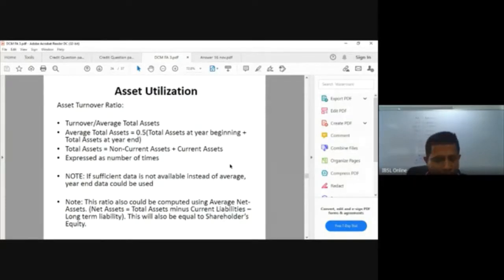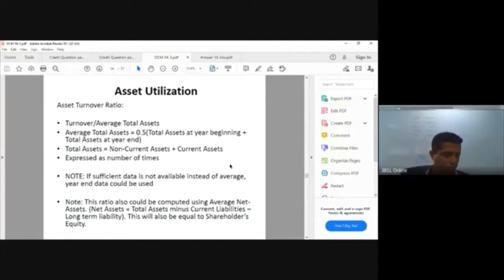For example, say company A has 100 million assets. There is another company called company B. They also have 100 million assets. Using company A's 100 million assets, they have generated, assume, 600 million sales.